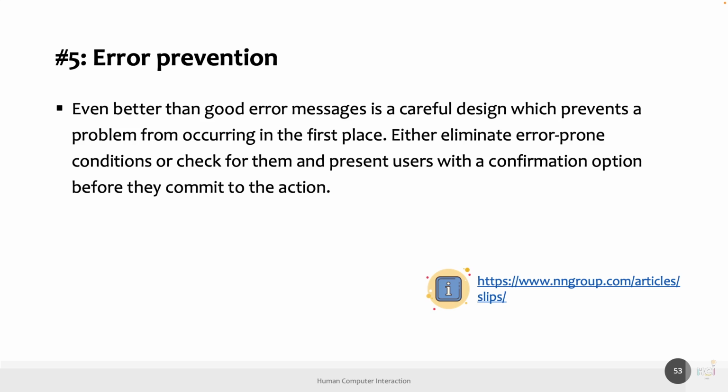Number 5, even better than good error messages is a careful design which prevents the error. So we know that it's important to provide users with consistent and understandable error messages, but when we can, it's better to prevent errors, prevent the possibility for users to make errors.